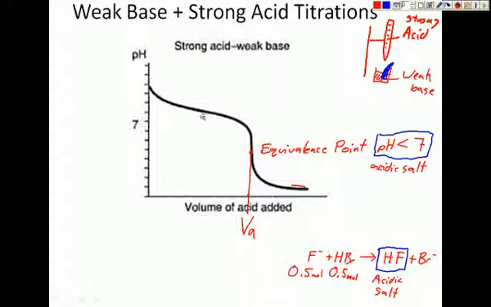Now, this is about the halfway point, and this is called our V half. V half is just half of VA. Okay? So V half just equals VA over 2.